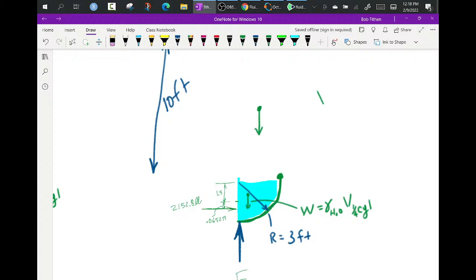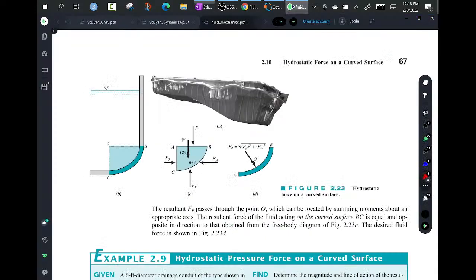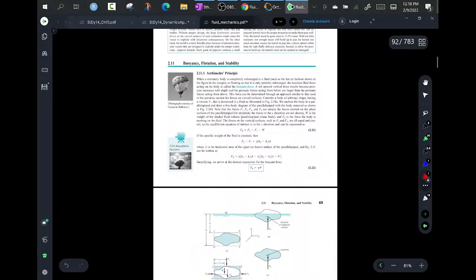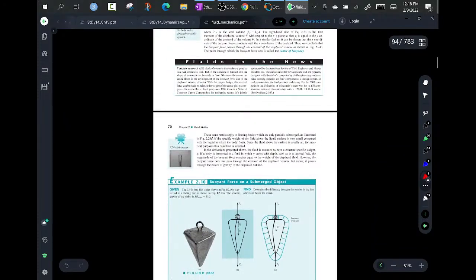And I'm going to say I've got a hinge force in the X and a hinge force in the Y. Since this is 3 feet right here, the distance from here to here is 1.5. Now this distance is 4r over 3 pi. Where did I get that from? Give me a second here.